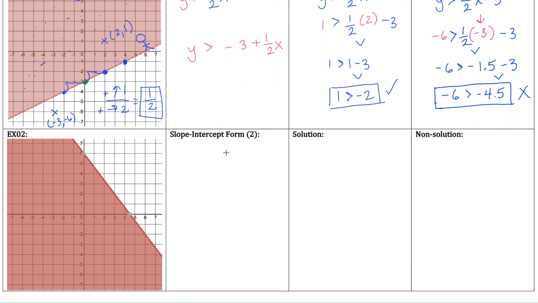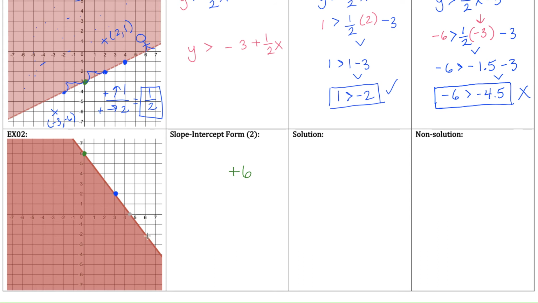Okay, so slope-intercept form. Let's start at our y-intercept again. Okay, 0, 6. So plus 6. I have plenty of room here. And then I think I did the other one in blue, so I'll find some more right here.